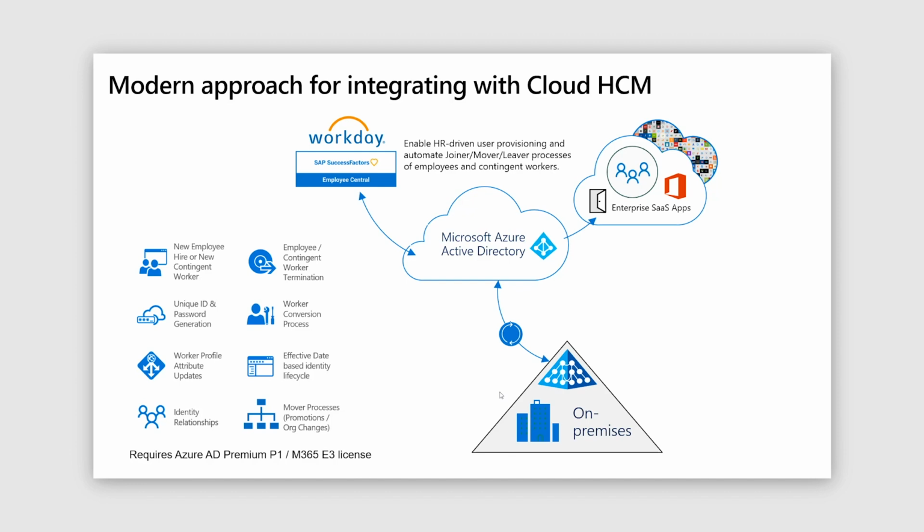What that means is we also manage an entire spectrum of HR scenarios, right from new hire, new contingent worker creation, generating unique IDs and passwords for the users, handling scenarios such as worker conversion, for example, full-time converting to contingent workers converting to full-time, and so on. This feature requires Azure AD P1 or M365 P3 license.